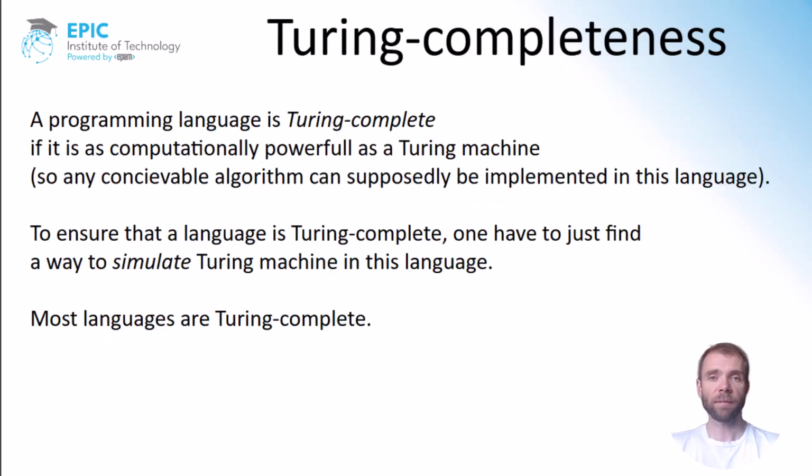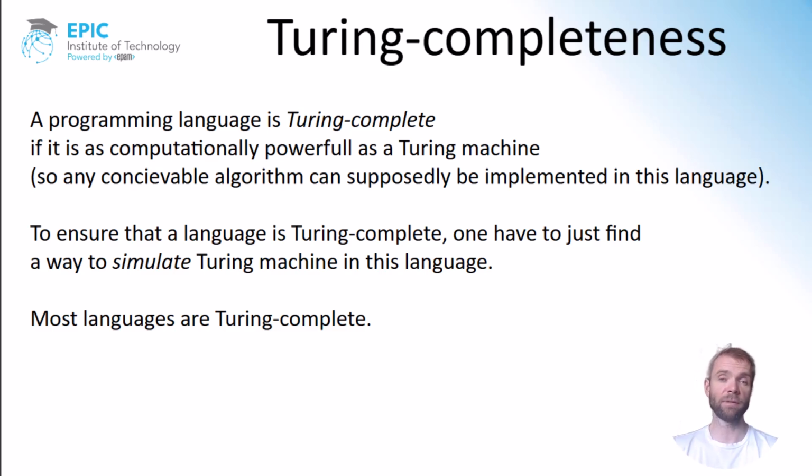Basically, this leads us to the notion of Turing completeness. We say that a programming language is Turing complete if it is as computationally powerful as a Turing machine, which means that we can simulate a Turing machine using this language, and thus anything that can be programmed on a Turing machine can be programmed in this language.